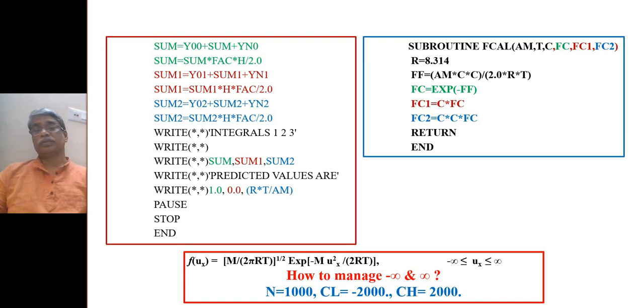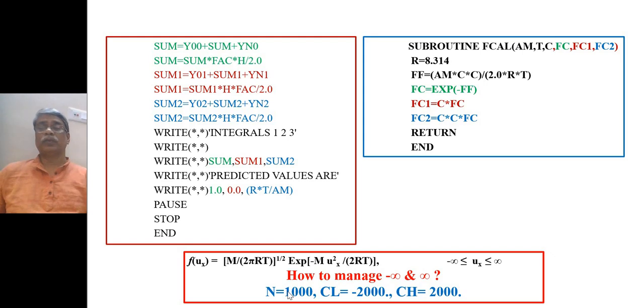So in our case, from my experience, I have played with these values. I have tried -100, -1000, -2000, and I have seen that okay, -2000 and +2000 as the lower and upper limit are good enough as infinity. And of course, the number of points you can increase or take a little bit less, no problem.